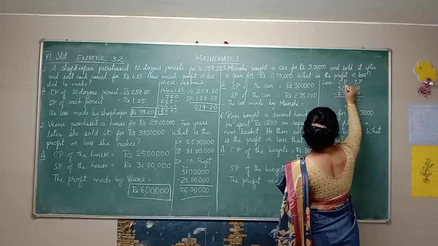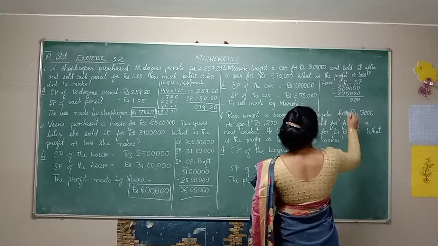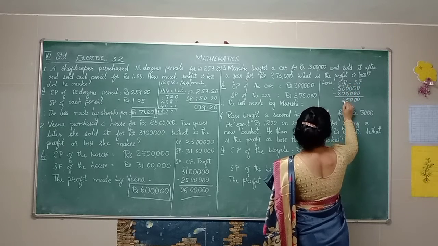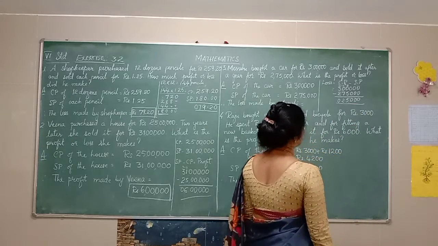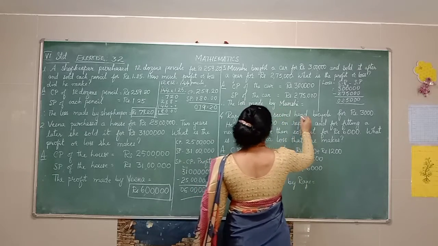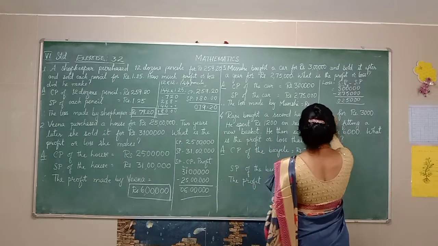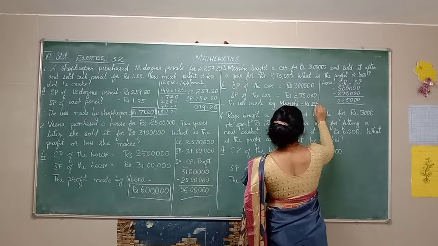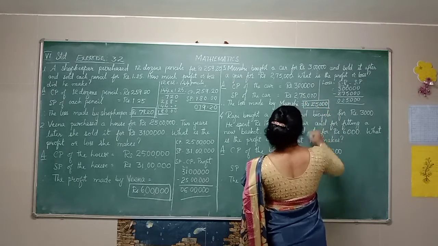From here if you borrow, this will become 10. Here 9 will remain and here 2 will remain. So 10 minus 5 is 5. 9 minus 7 is 2. 2 minus 2 is 0. So there is a loss of 25,000 rupees. The loss made by Munshi is rupees 25,000.